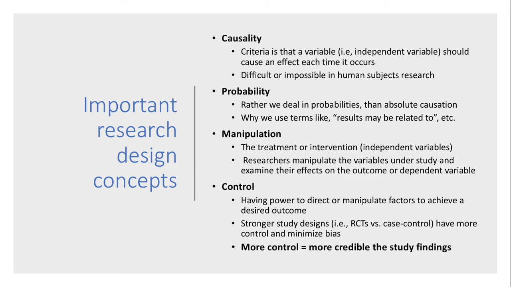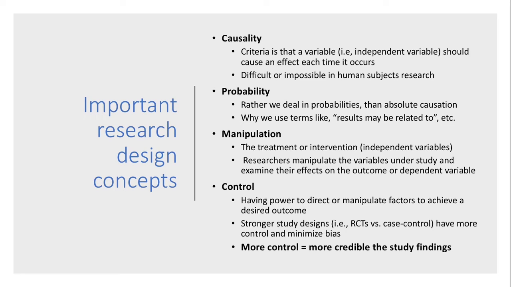So there's a couple important concepts that you need to understand. Causality is the criteria that a variable, for example an independent variable, causes an effect each time it occurs. And when we look at randomized controlled trials, those are the strongest study designs that are really trying to get at cause and effect.